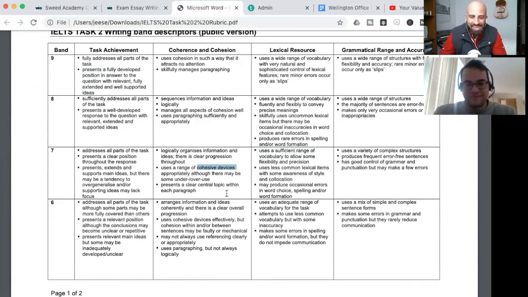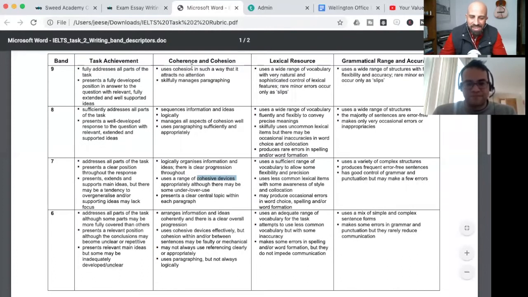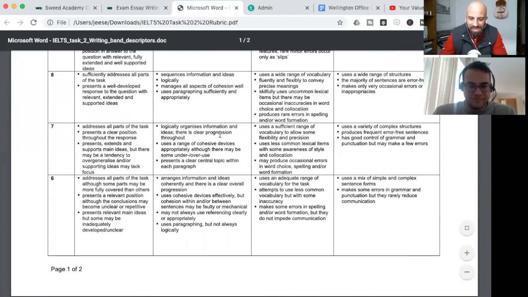Yeah, exactly. Like coherence and cohesion. How about just putting flow? But anyway, you can't do that on the IELTS exam. Appropriate, although there may be some underused or overused ones. So you might say "although" too many times, something like that. That same might be the difference between a 7 and an 8.